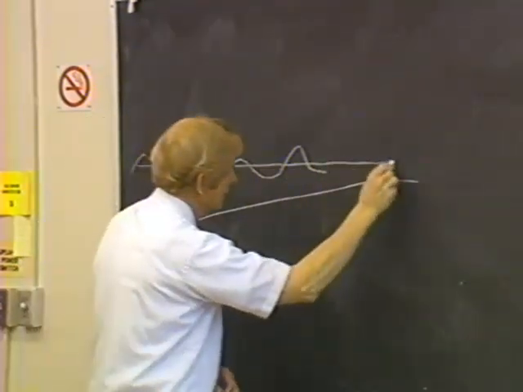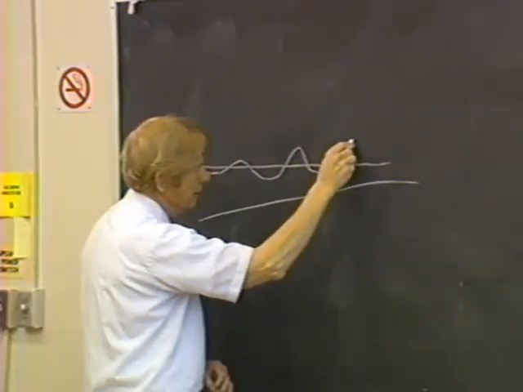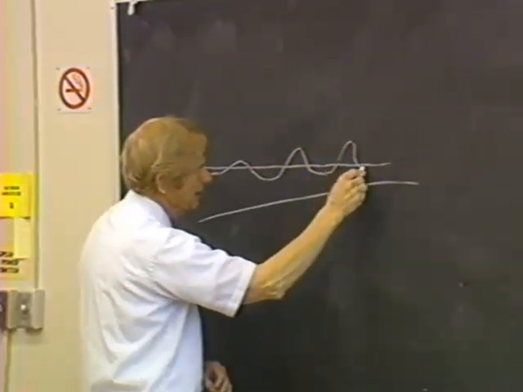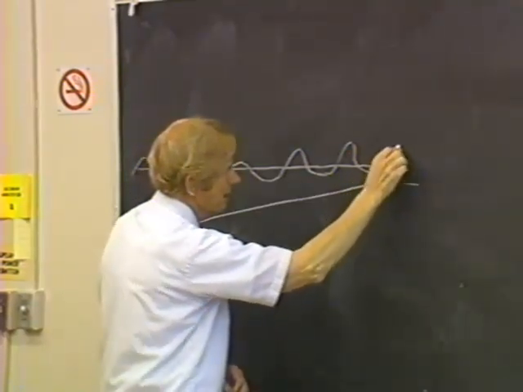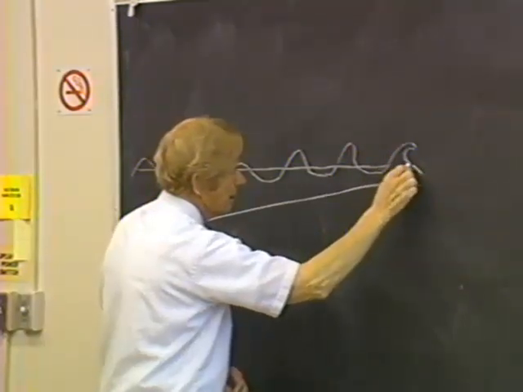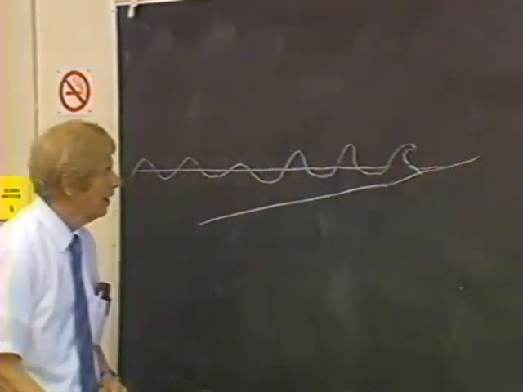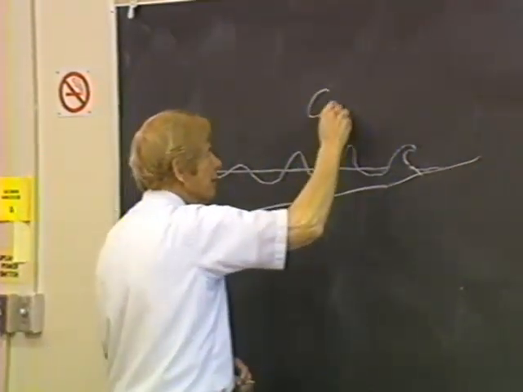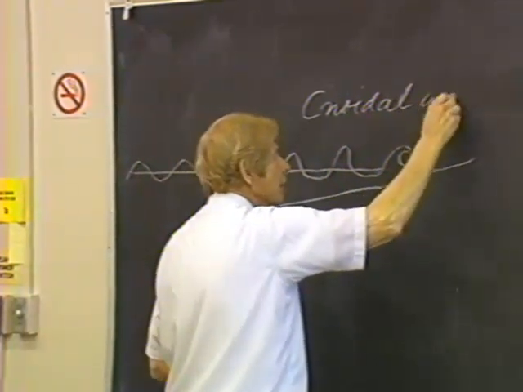Well, these are called conoidal waves. So if you're interested in the details of what happens with waves where their symmetry is affected by bottom stress, then you need to look into conoidal wave theory. And that, incidentally, is described in the Shore Protection Manual.